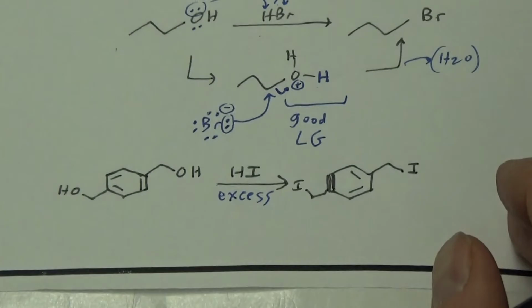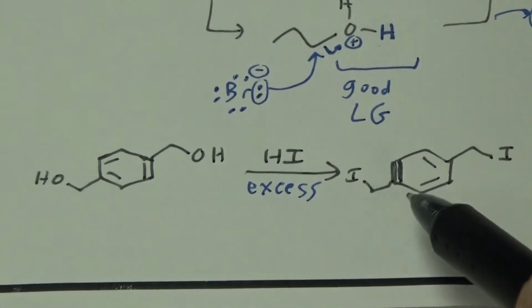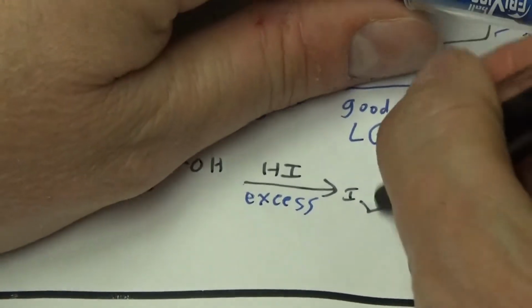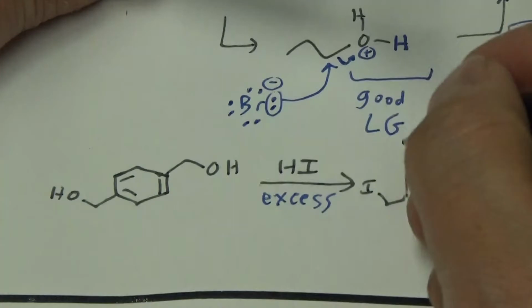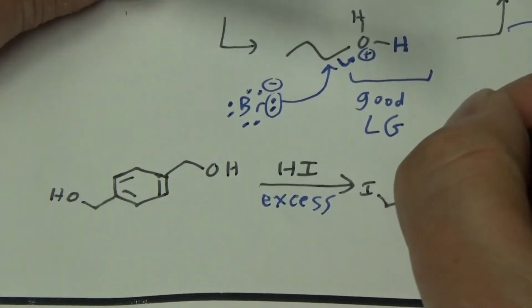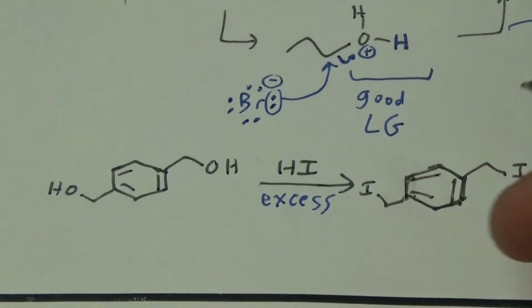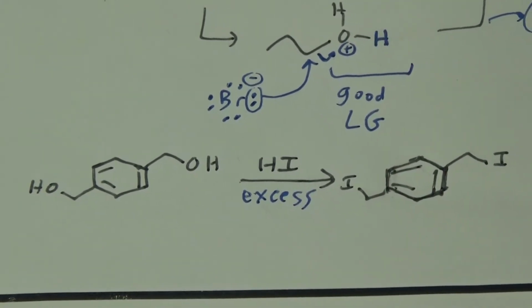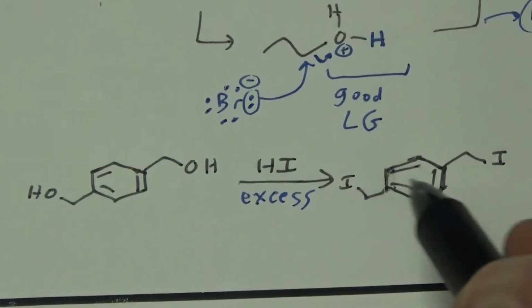And I can convert the dialcohol to a diiodide. I'm going to draw the double bonds consistently. So, double primary alcohol to double iodide with HI.